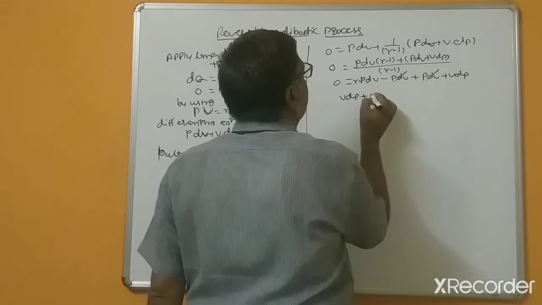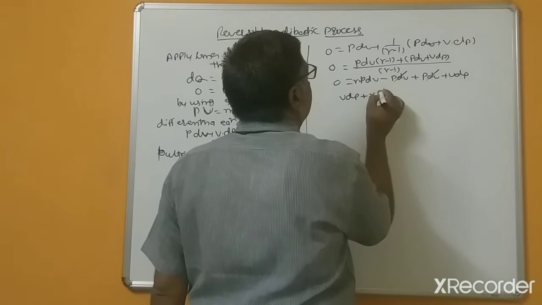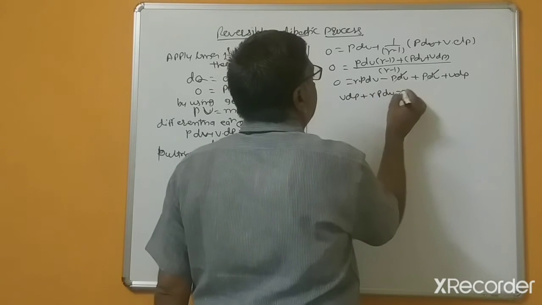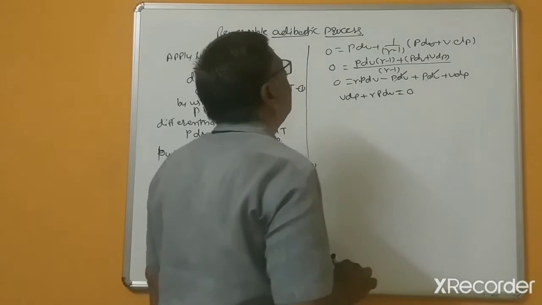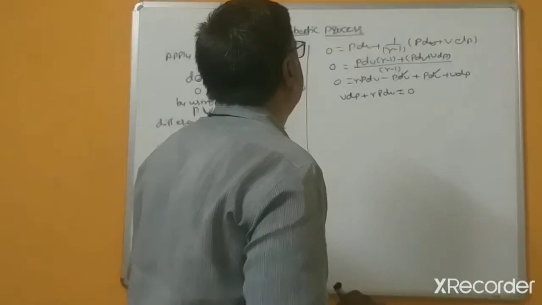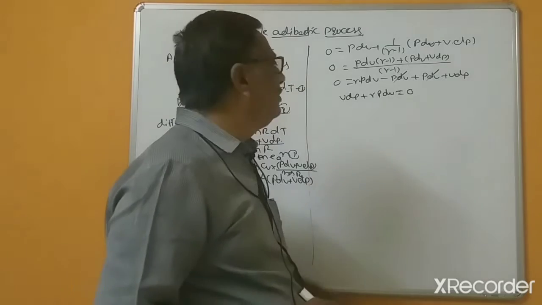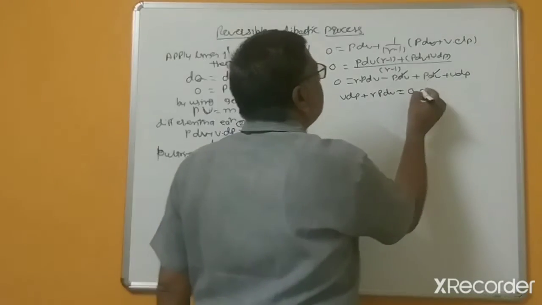plus gamma PdV equals 0. Suppose this is the third equation.